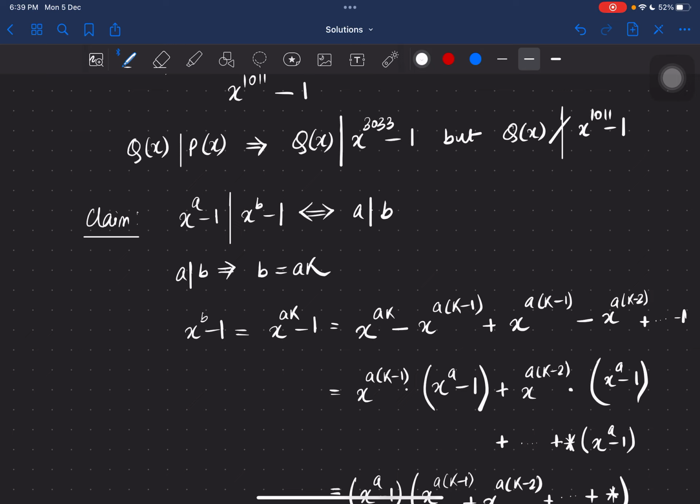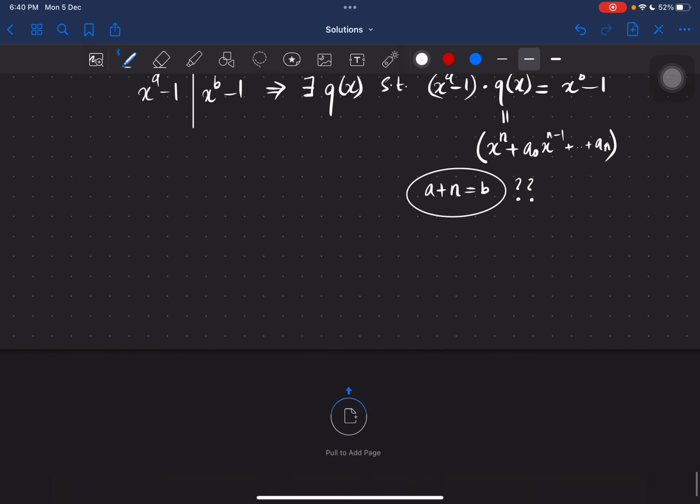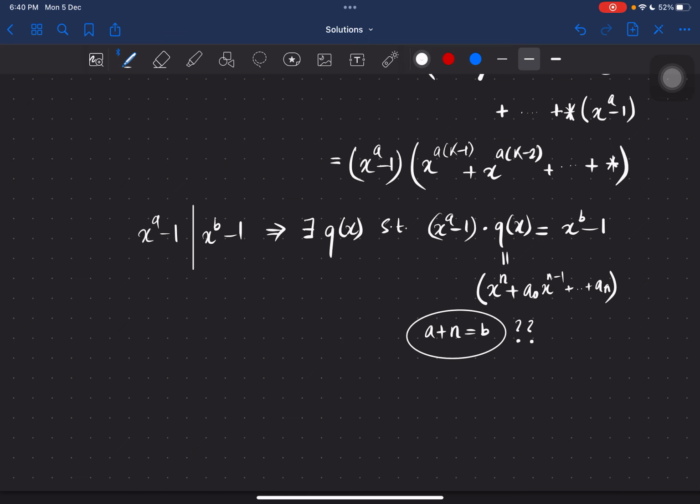Now if we look at the prime factorization, 1011 is nothing but 3 times 337, and 3033 is nothing but 3 times that, so it's 3 squared times 337, right?